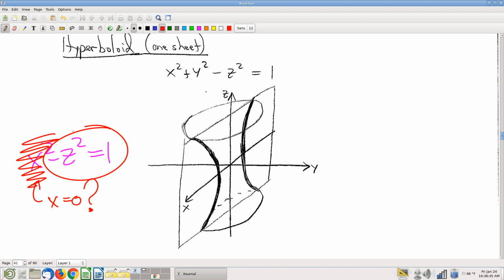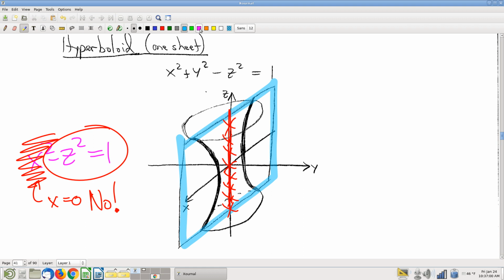Now inside of this plane, let me remind you, we're looking in this plane here. Inside of that plane, x can never equal 0. Well, here's what it would be when x is equal to 0. That means we're not allowed to touch that line. So which hyperbola is it?